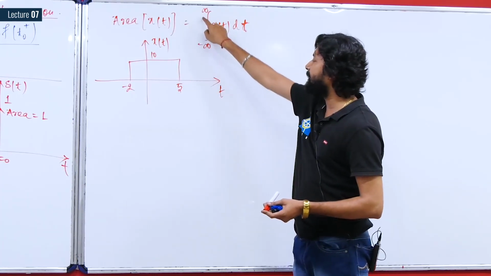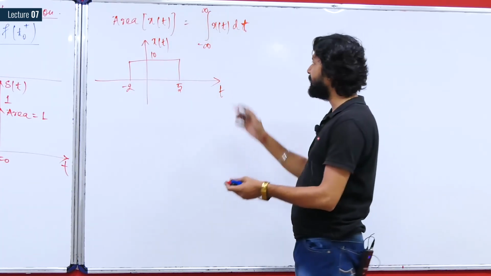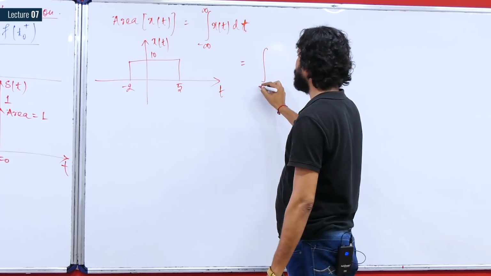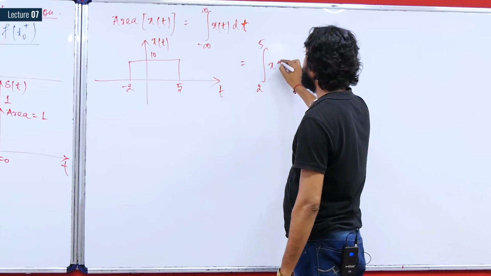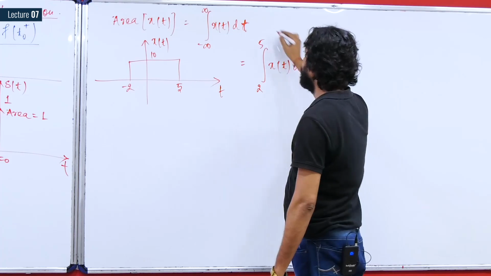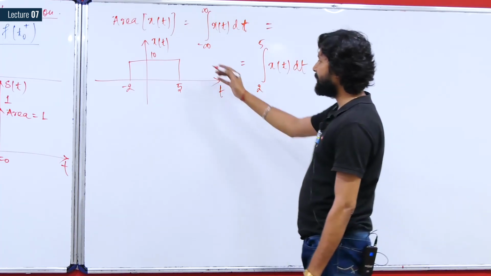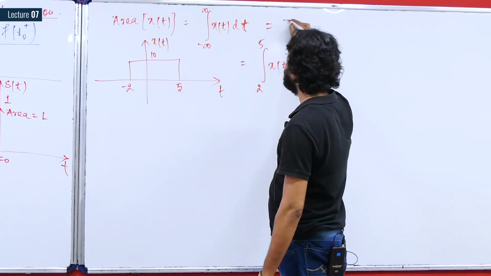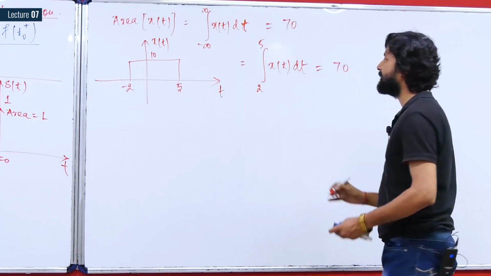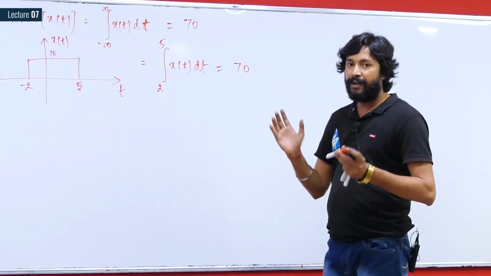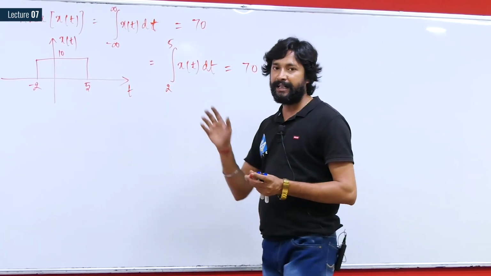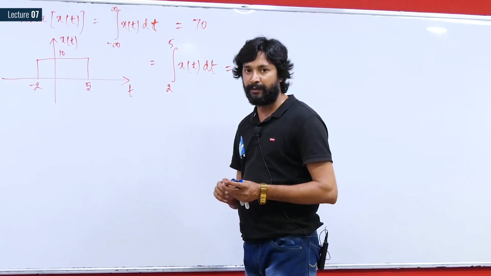So instead of taking limits from minus infinity to infinity, you can take the integration from 2 to 5 of x of t dt, and you will see that the results are going to be the same. That is, if it is 10 and 7, then the result is 70. So here also you will get the result 70. For generalized purposes, we take the limits to be minus infinity to plus infinity.